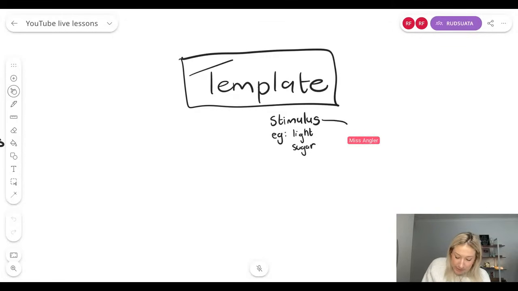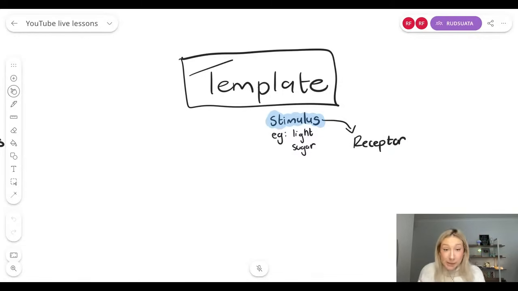Now, with a stimulus, someone must feel the stimulus, right? Someone must experience the stimulus. And so when you are experiencing the stimulus, you are going to need a receptor. Now, don't just say receptor.